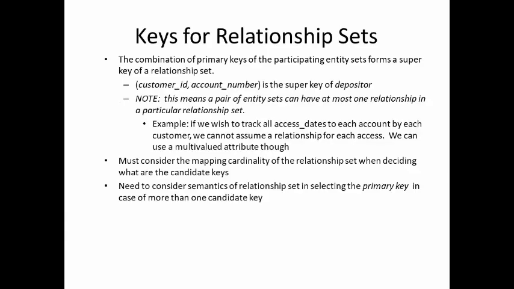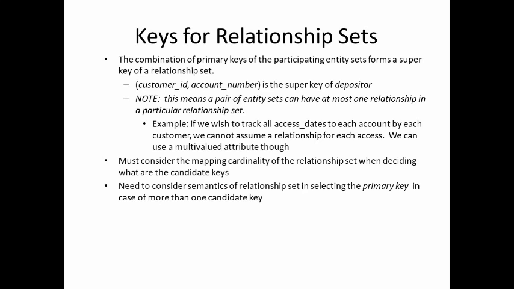Now, the combination of primary keys of participating entity sets forms what we refer to as the super key. Now we could have a customer ID and also we can have an account number. Those two, wherever they are in a relation, there they would be a super key. You can use either to be able to uniquely identify a record, or you can use all of them.